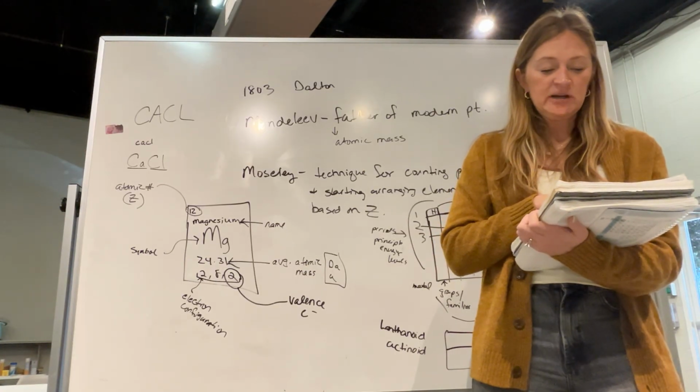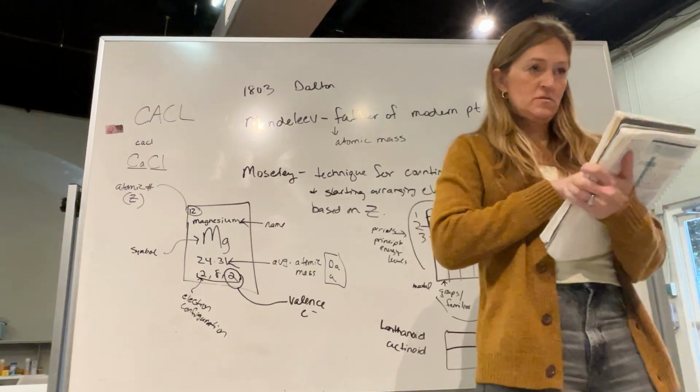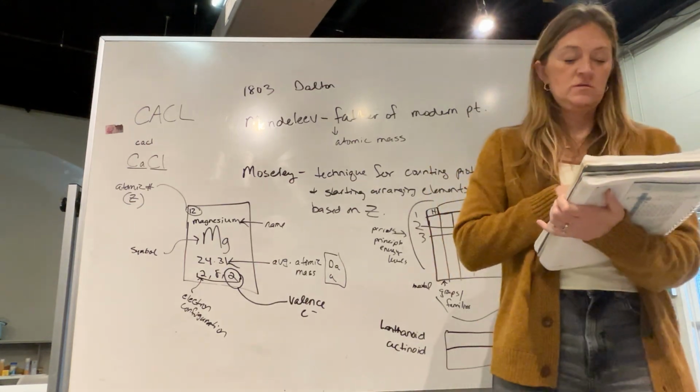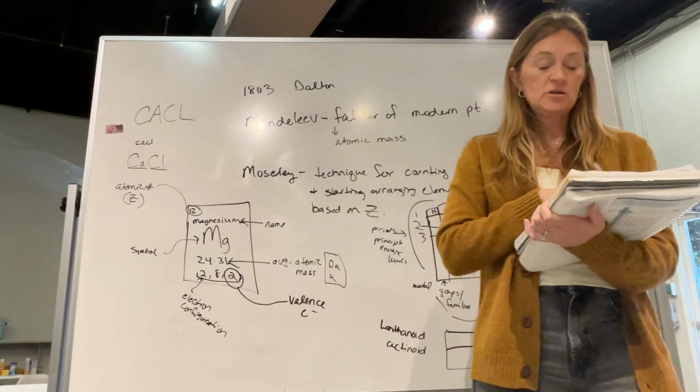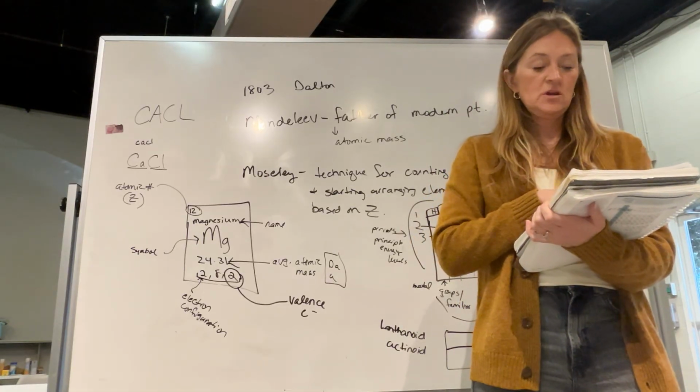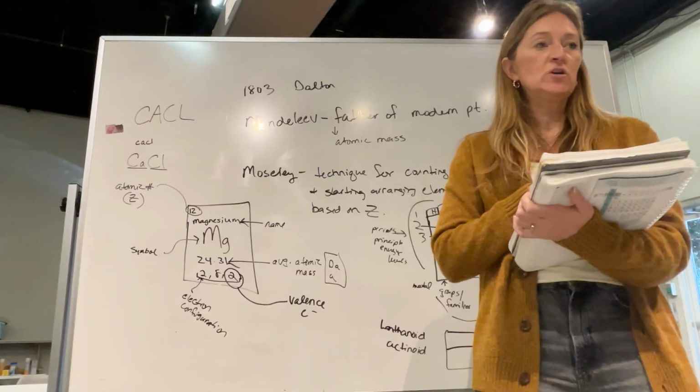How many protons does bromine have? 35. Yes. What is the atomic mass of bromine? 79.90. Yep. And how many valence electrons does bromine have?